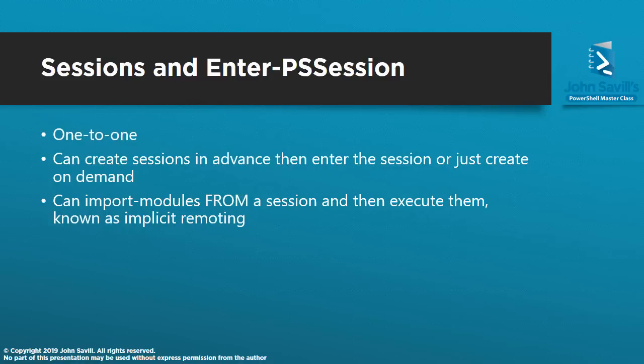Although the module appears to be on my local machine, it's still running remote. So if I try and mix these commands with things on my local machine, it's going to get confused. So basically it's a way that I can run commands remotely in just this very implicit manner. I'm not having to go and create sessions and connect to the session and then run the command. The module will appear to just be locally on my box.